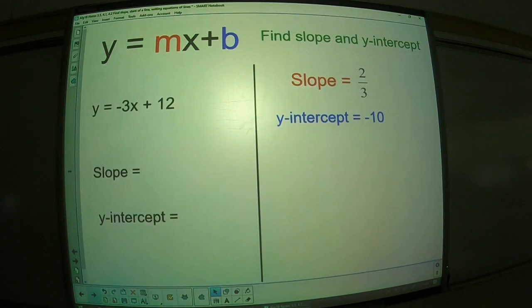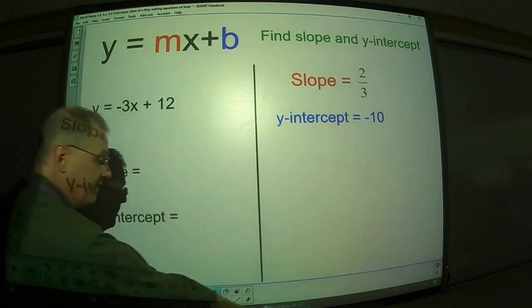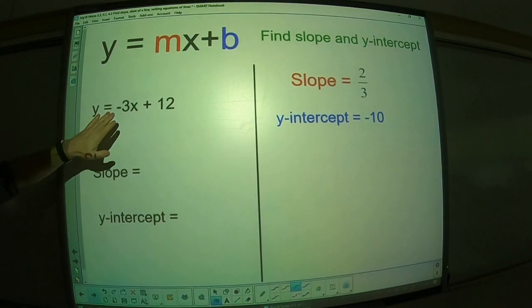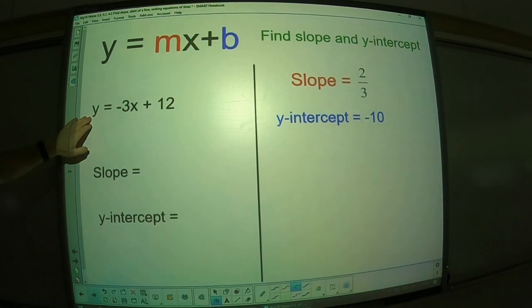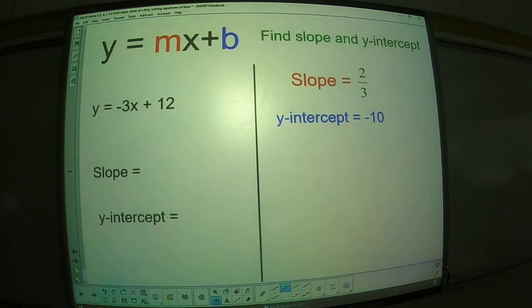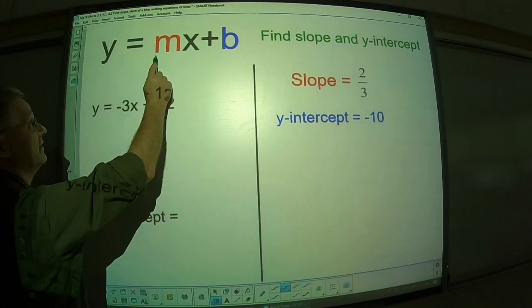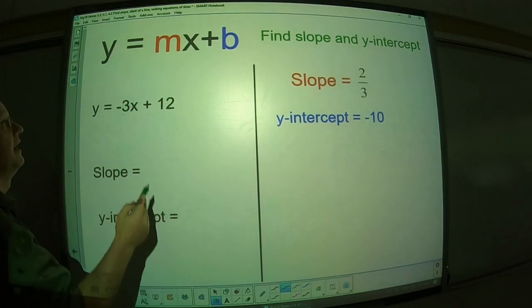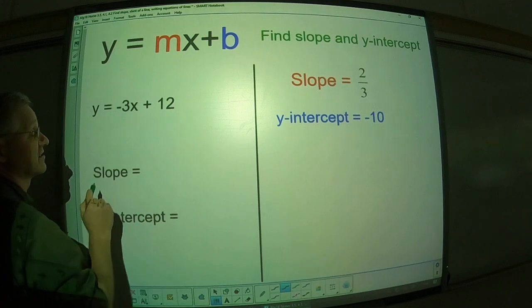Next, y equals mx plus b. We call this the slope-intercept or slope-y-intercept form. If you start with the equation in y equals mx plus b form, we can easily see the m, we know is the slope, and it's next to x.